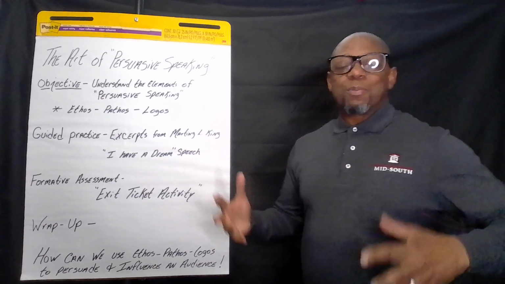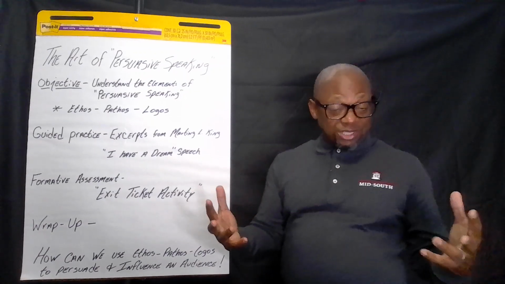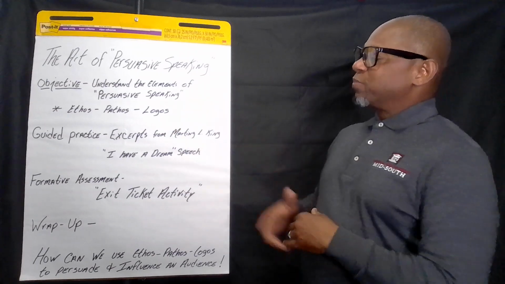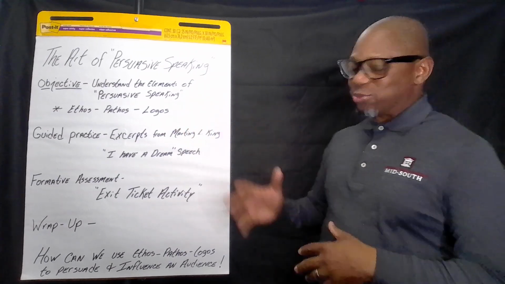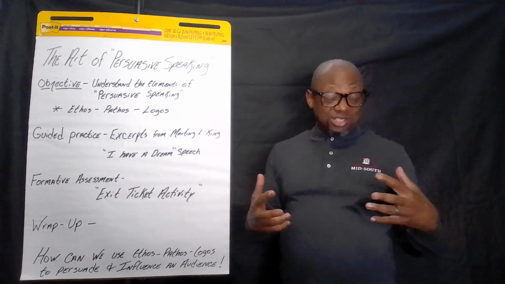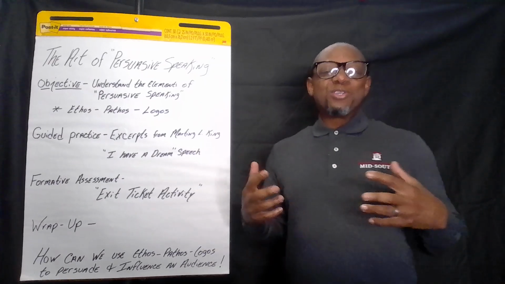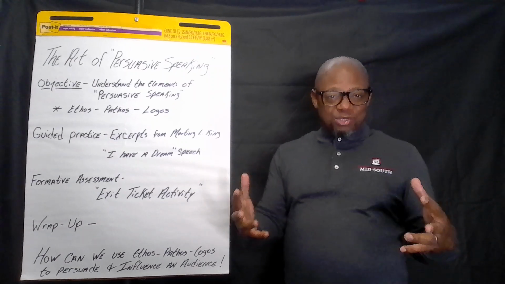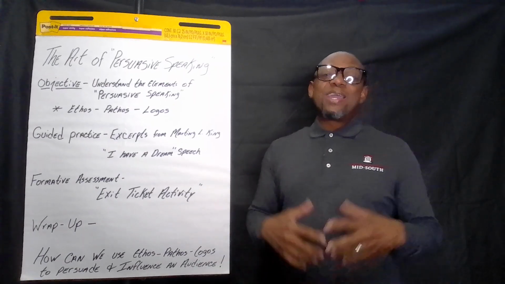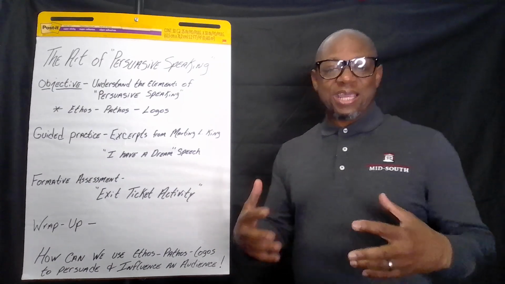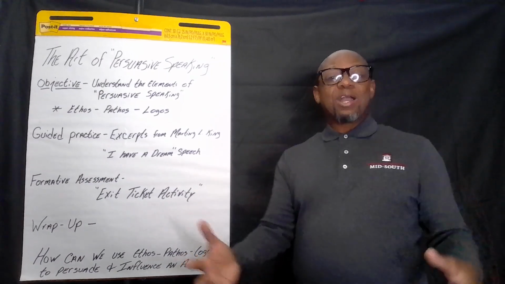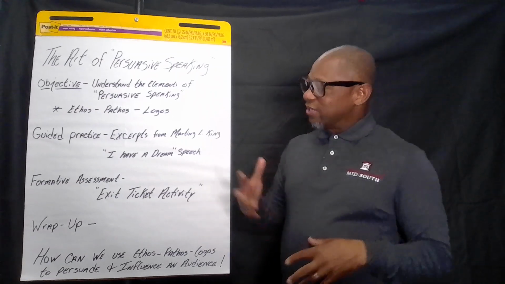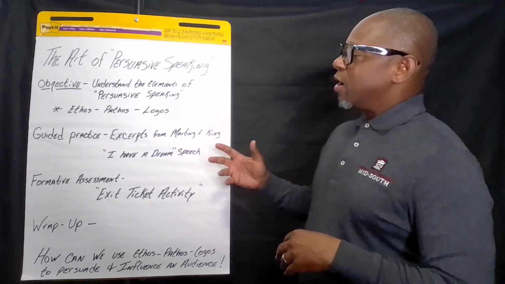Three of those elements are ethos, pathos, and logos, and we're going to use this scene from this movie, Will's interview, to help us understand these elements and perhaps give us some more understanding of how they work and what they are. We'll talk a little bit about the definitions of them as we get more into the lesson.